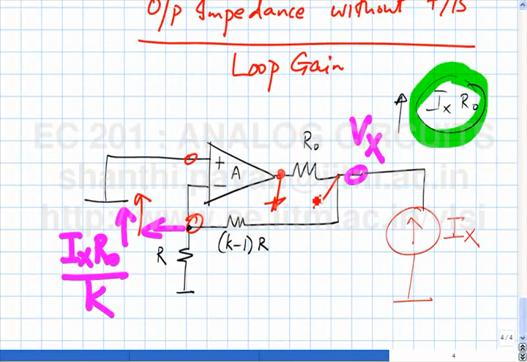Does it make sense? So that means that if you inject a current Ix into this node Vx, it will not be Ix times R0, it will be much smaller. If I pump in a large current Ix and the output voltage doesn't change at all, it's equivalent to having a very low output impedance.